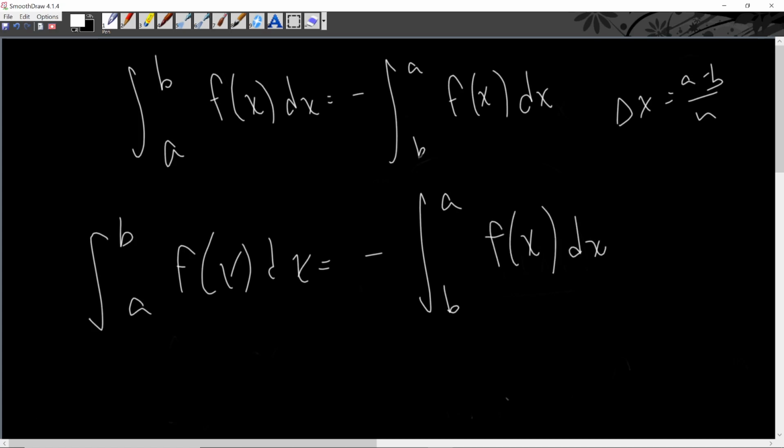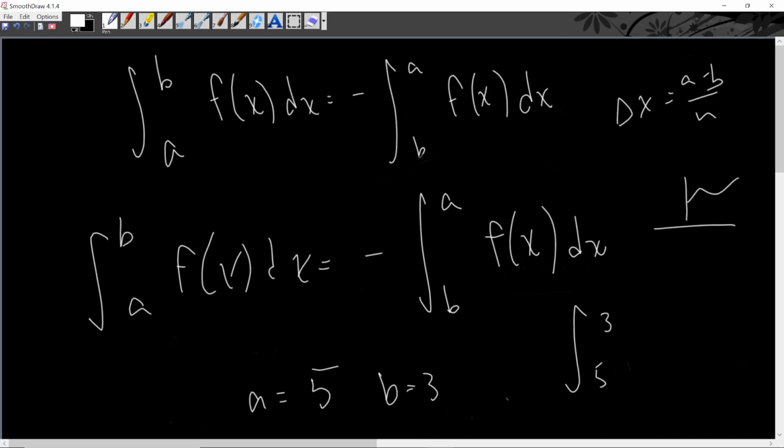And this is pretty useful for solving integrals when given a graph. You see how to work with kind of impossible domains. Like, imagine if a was equal to 5 and b was equal to 3. When you do this integral from 5 to 3, it's hard to imagine how this would look on a graph.